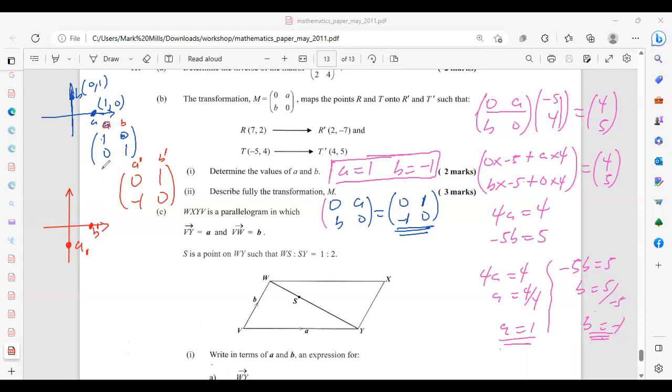Now, I need you to observe the A was here and moved down, and the B was here and moved down. What happens? Yes, it changes sign, but in terms of movement, what do you observe? The A was right here and moved right down here.